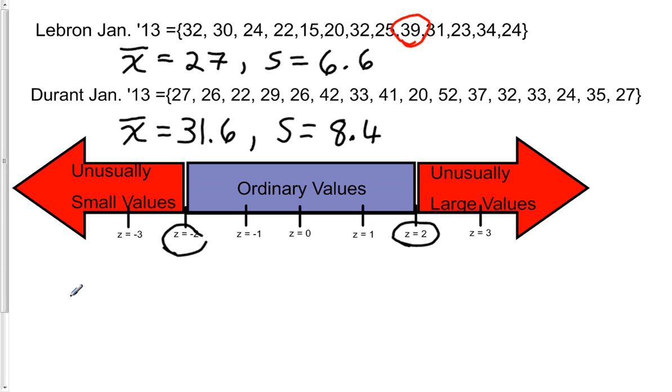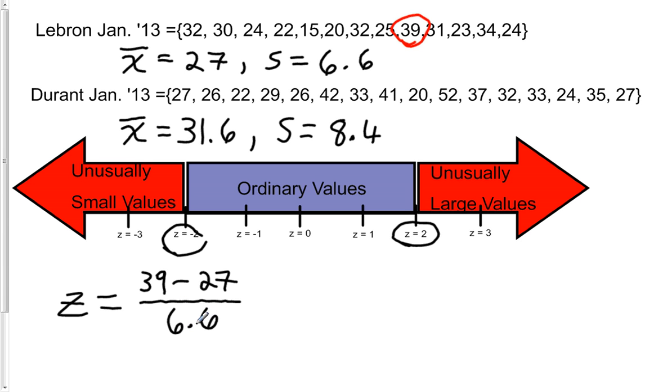I'm going to first calculate the deviation of that data value from the mean, how far it is from the mean, by taking 39, which is the actual data value, and subtracting from it LeBron James's average for that month, which is 27, x bar, and I'm going to divide it by the standard deviation of his point outputs for that month, which is 6.6. All right.